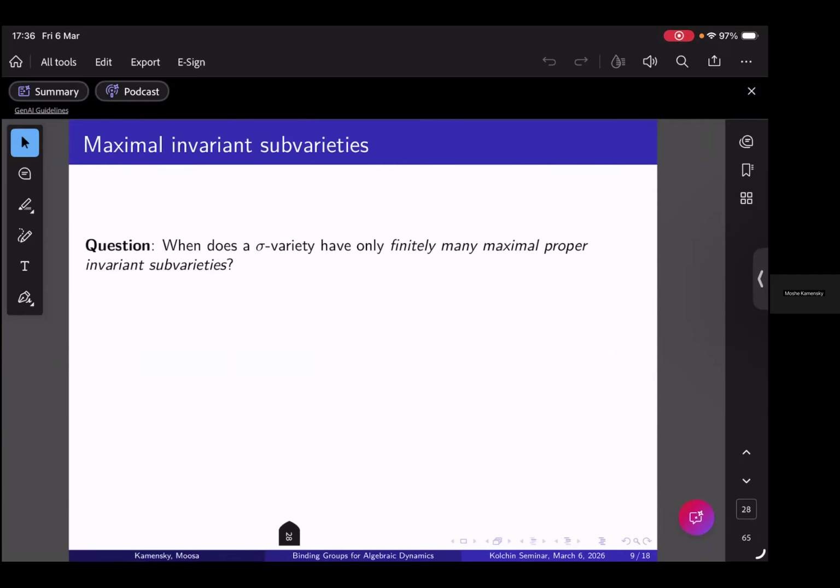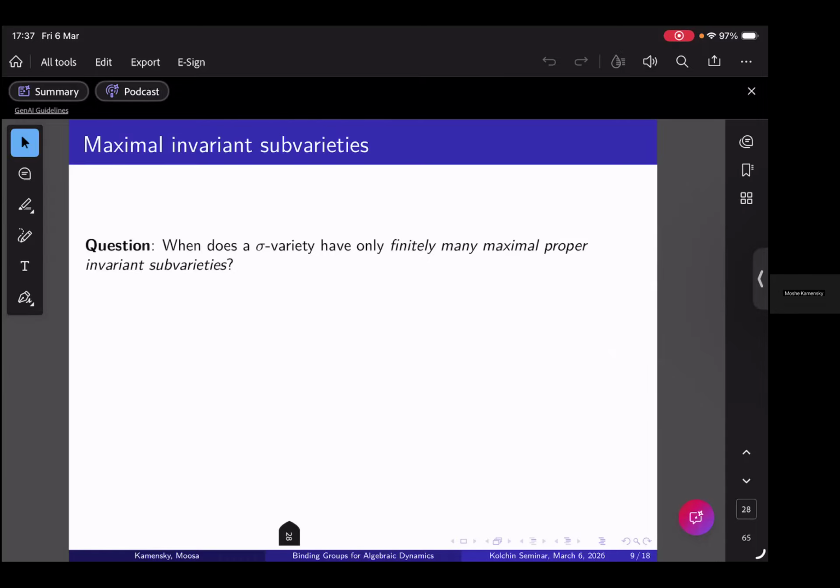Another application, I guess I'm almost out of time. One question you can ask is: you could always consider maximal proper invariant subvarieties of your sigma variety, and you might wonder if there are infinitely many of them.